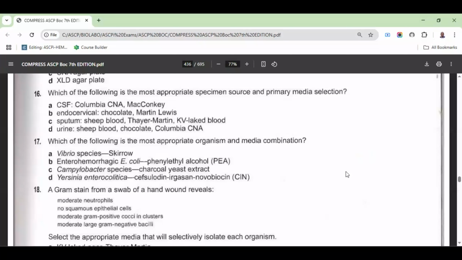Vibrio and Skirrow. Someone else? I'm taking C, Campylobacter species and charcoal yeast extract. And then D.